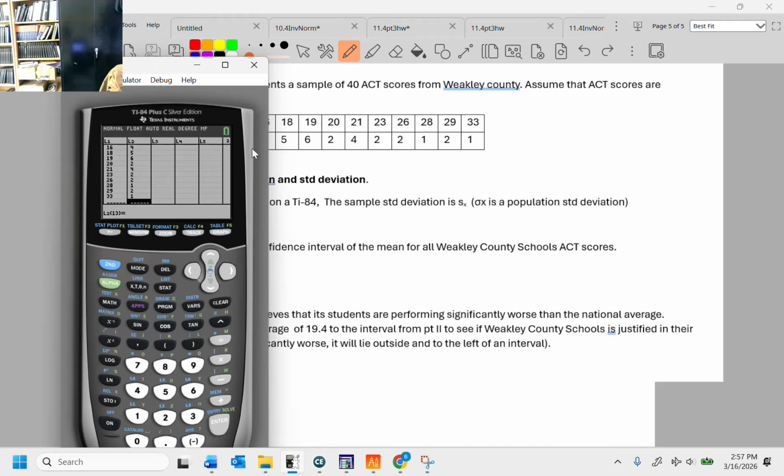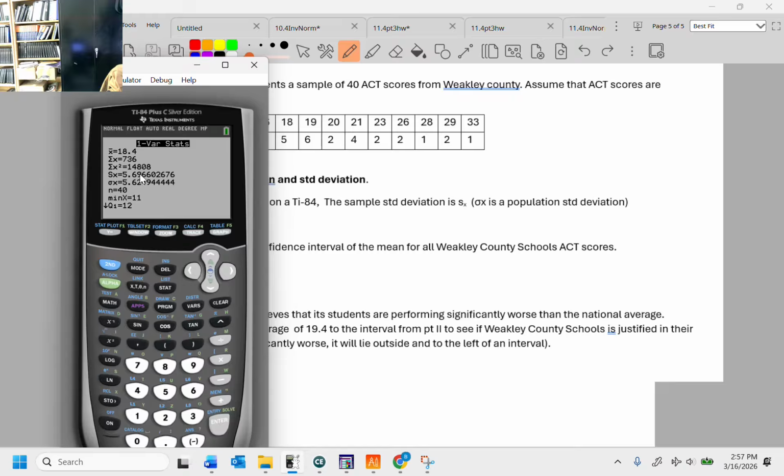Since this is a sample, we do things a little bit different. This is a sample: stat, calc, 1-Var Stats. Notice I've got a frequency list in there, L2, that's second 2 to put that there. Enter. And x-bar is always the mean, whether it's a sample or a population.